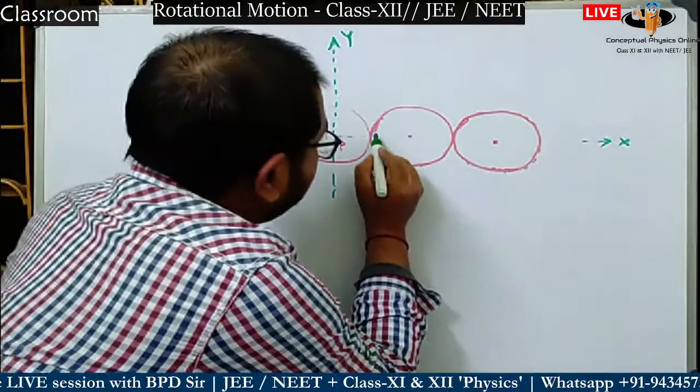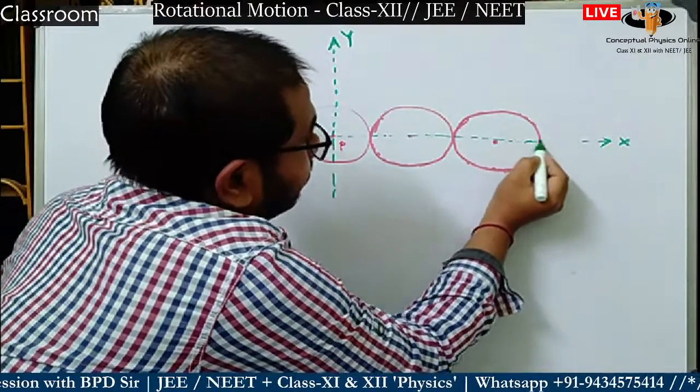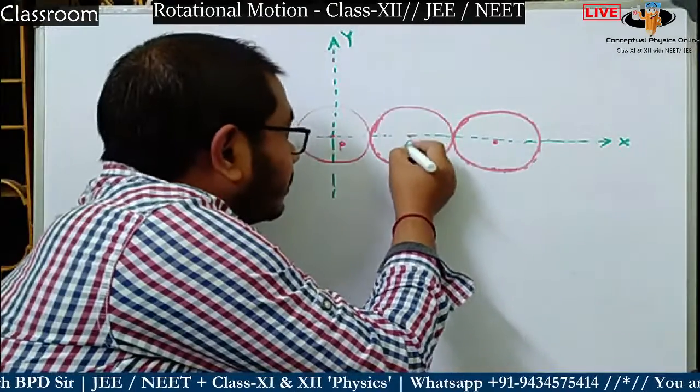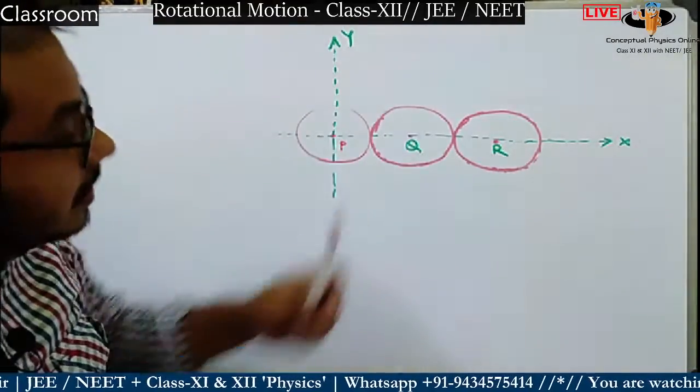So this is a little bit of a modification of the representation, but this is Q and this is R. So there must be a center of mass.